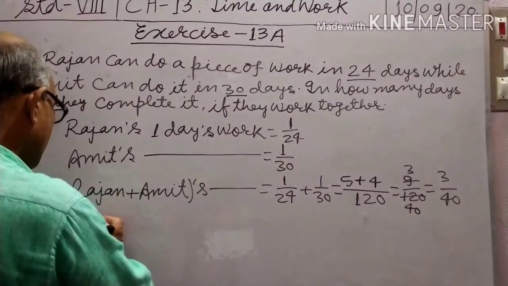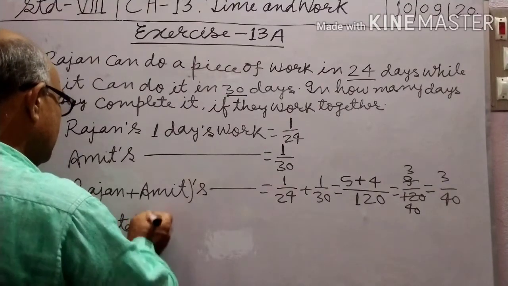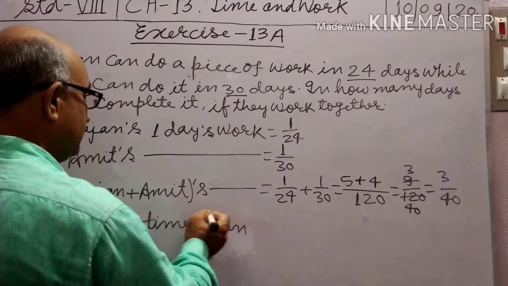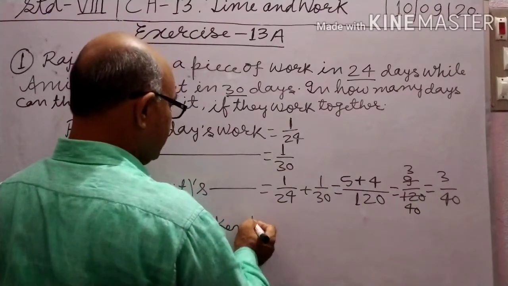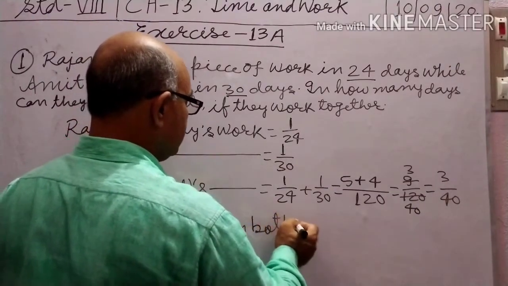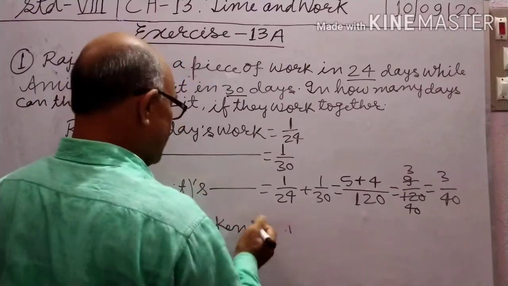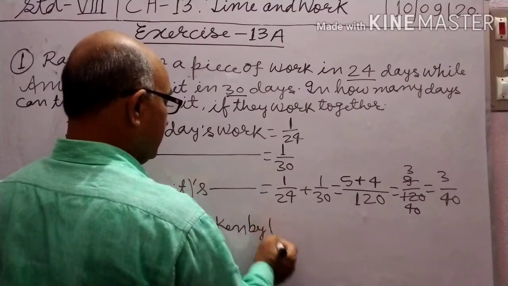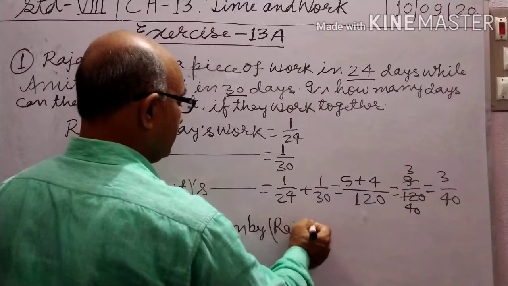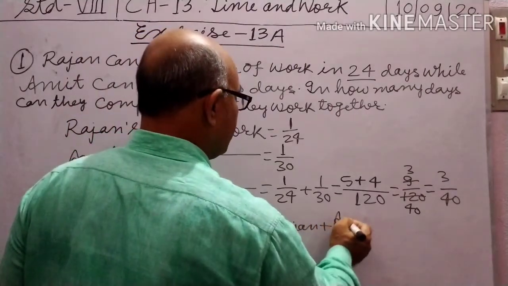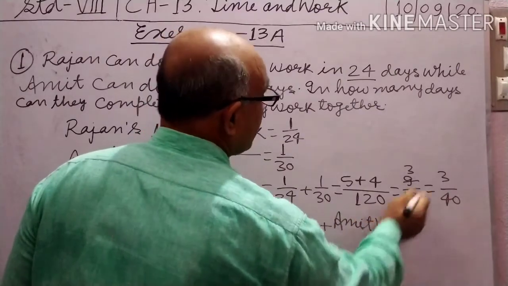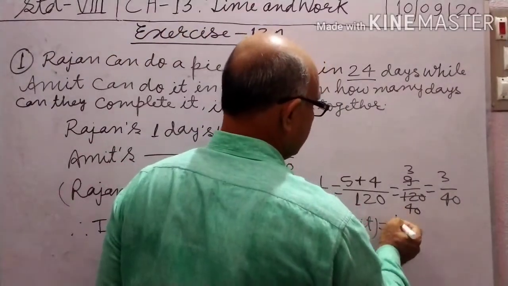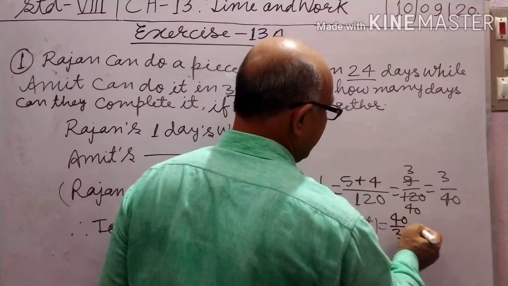So therefore, the total time taken by both together, Rajan plus Amit, equals 3 by 40, change into 40 by 3 days.